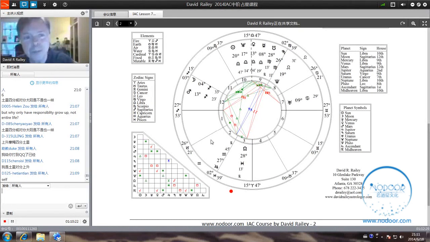So Saturn is repeating the square to my ascendant when I'm 15 years old.